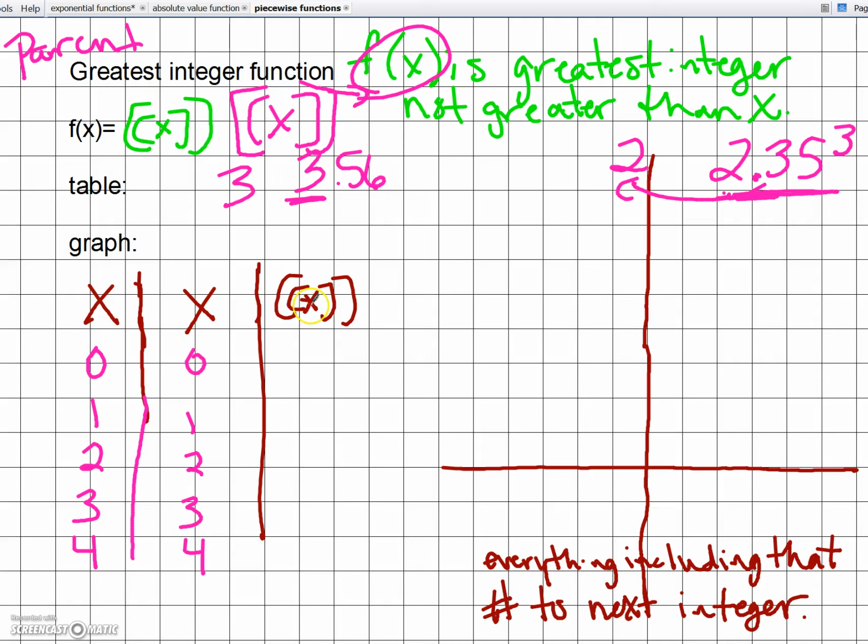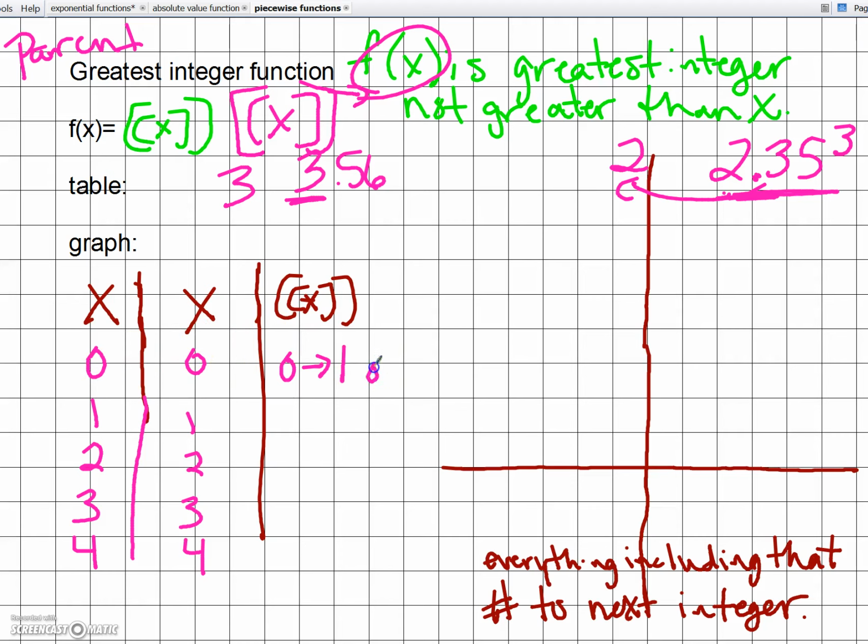Now what is the greatest integer of x? Now what this means is that every number from 0 to 1, not including 1, falls in this category.